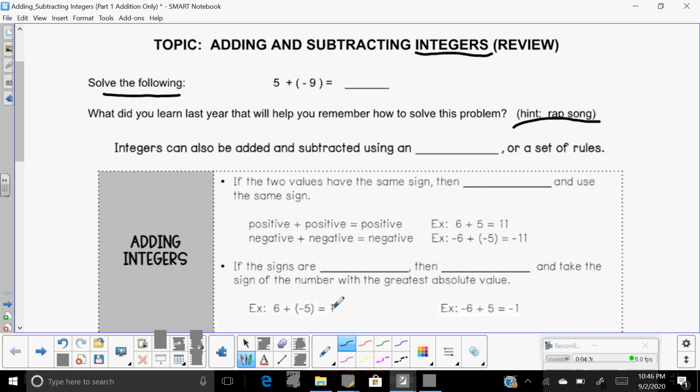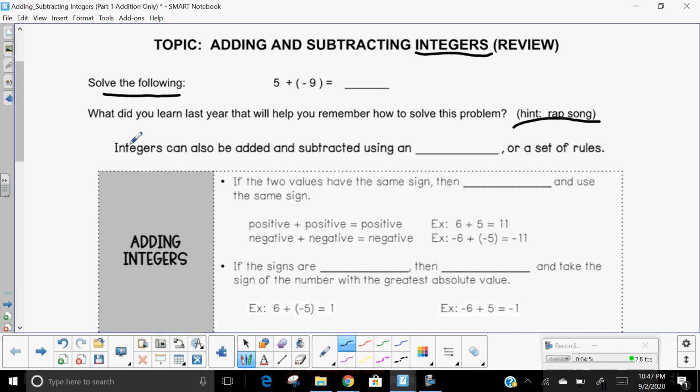Okay, so with that rap song, you actually learned some rules for adding positive and negative integers. Those rules can be called algorithms.